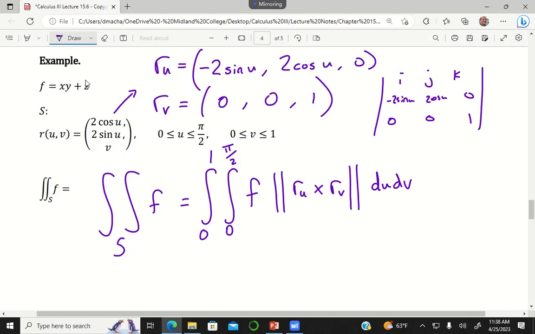For the first entry in my resulting cross product vector, that's going to be 2 cosine u times 1. For the second entry, or the j entry, that's going to be -2 sine u times 1, so that'll be +2 sine u. And then for the third entry, or the k entry, that's going to be 0.